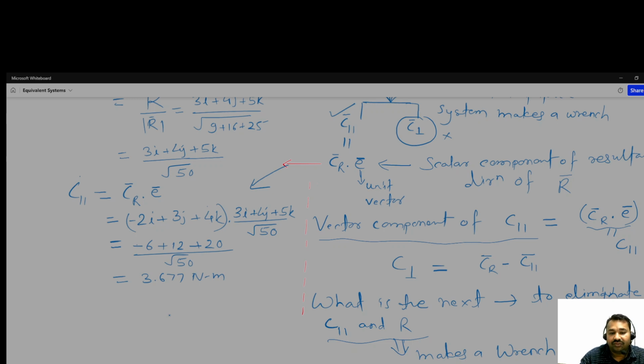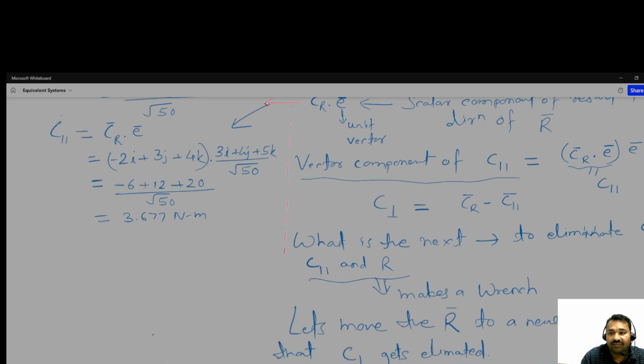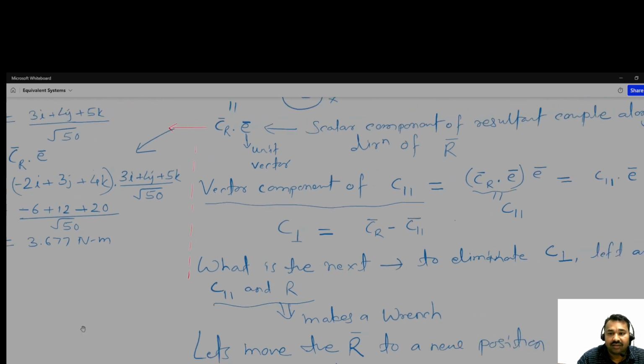So the scalar form we got, meaning the magnitude of the parallel component of the resultant. What about the vector? It is given here. You can see in the vector form, from here we can take this one.